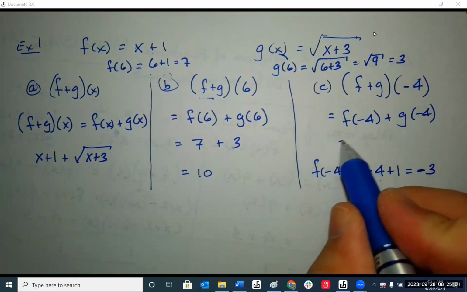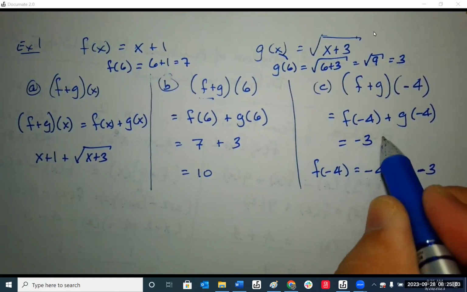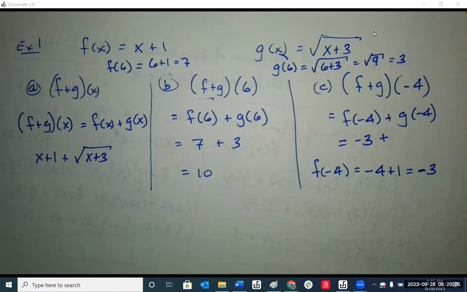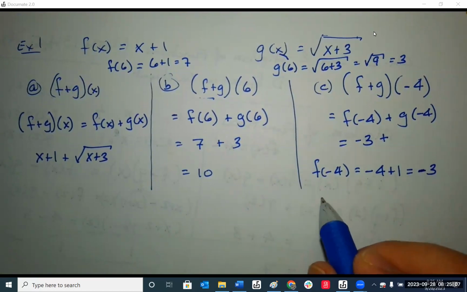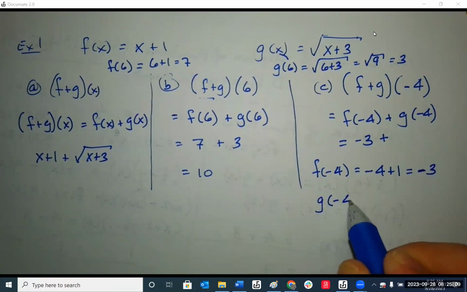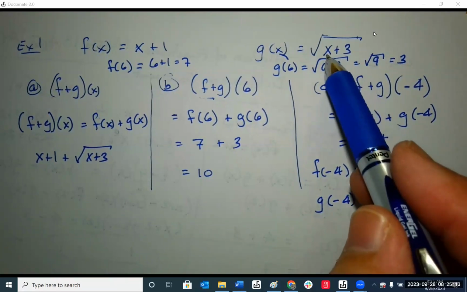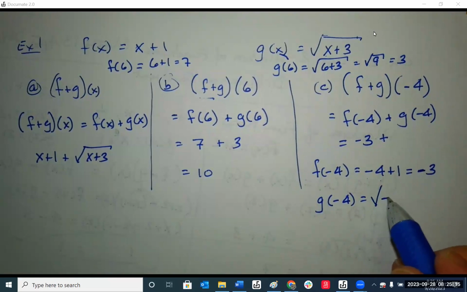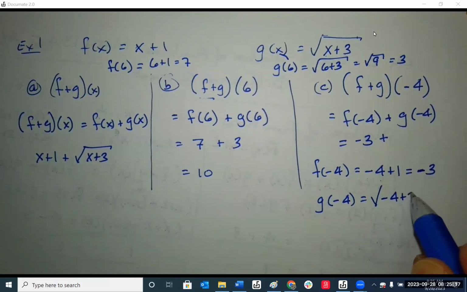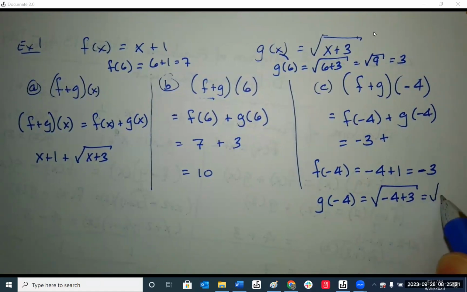So it's -3. G of -4. So anywhere I see an x, I put a -4. Answer is negative. 4 minus 3 is 1.